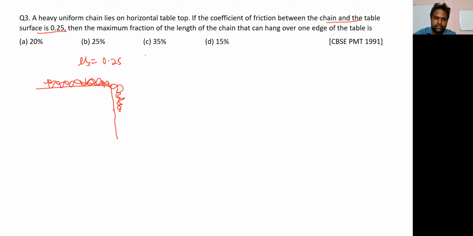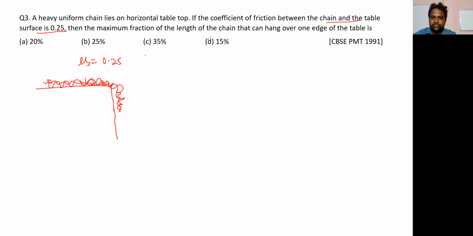Okay, so now what happens? Now the chain is kept on a table, and the chain can hang over this edge up to a particular length. Beyond this length, if the hanging length increases, then it will start sliding.